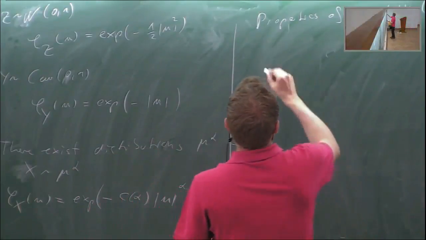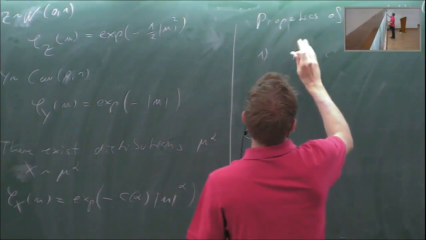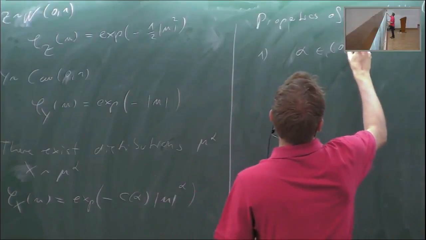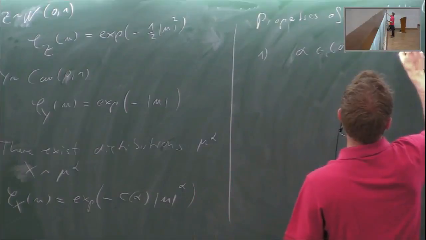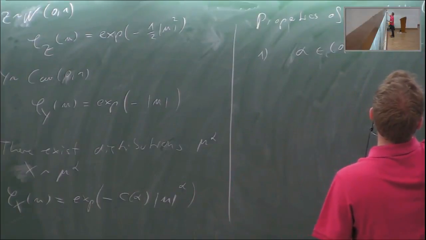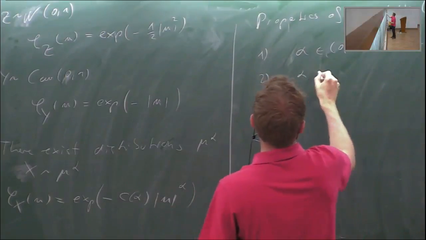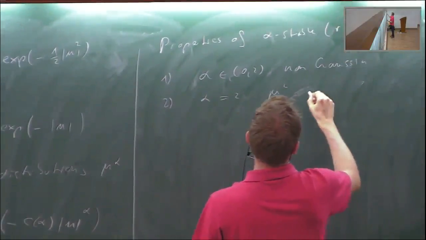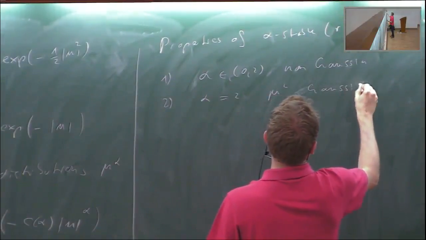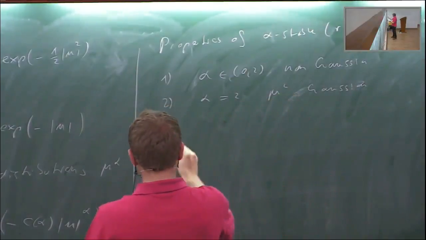But first of all, for alpha between 0 and 2, they are non-Gaussian. So for alpha equal to 2, mu alpha is Gaussian, the normal distribution.